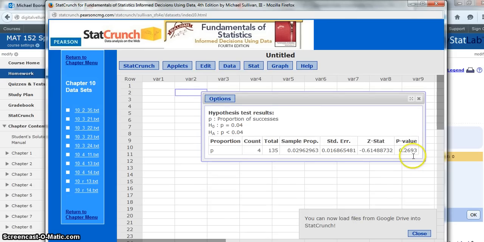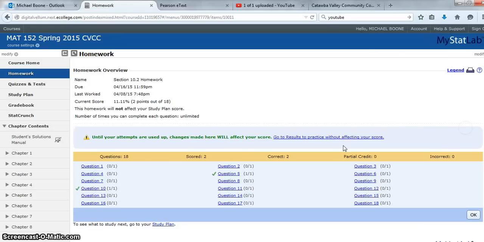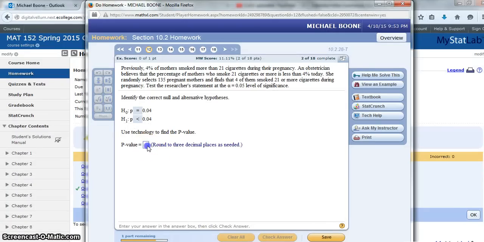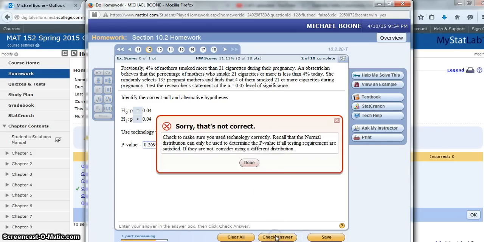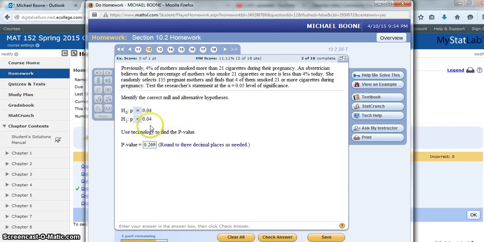So we get a p-value of 0.2693. So what that 0.2693 stands for, 0.2693 to 3 decimal places, 0.269. Uh-oh. Less than 4%.